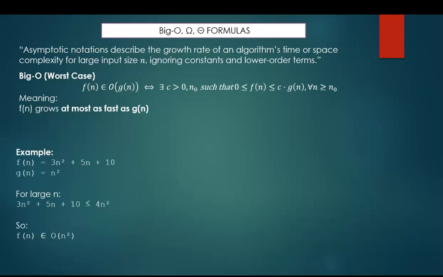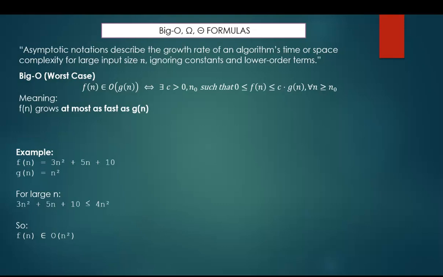Let's see an example. F of n is 3n squared plus 5n plus 10. So what could be g of n? We have seen this. G of n is n squared. For larger n, 3n squared plus 5n plus 10 is less than or equal to 4n squared. Is it not? For larger n. So it is understood that f of n belongs to big O of n squared.